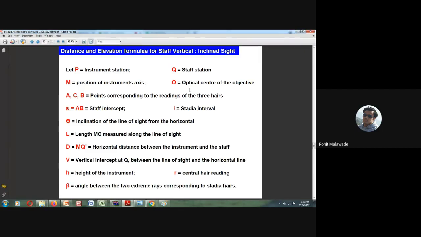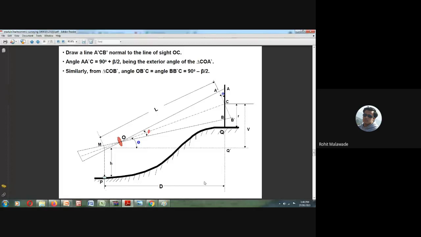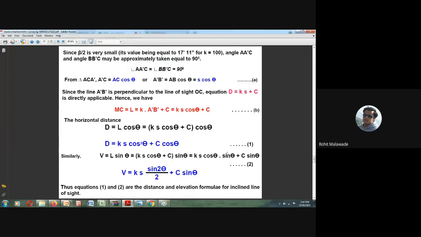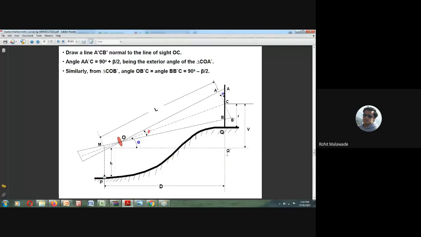D is the horizontal distance between the instrument and the staff, that is, between the trunnion axis and the staff along the horizontal line of sight.